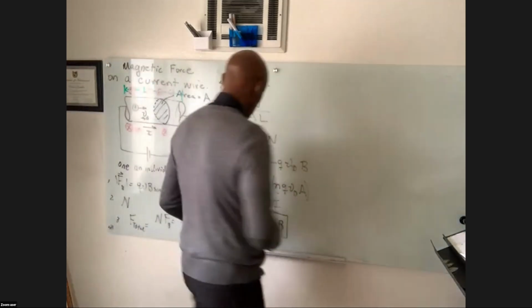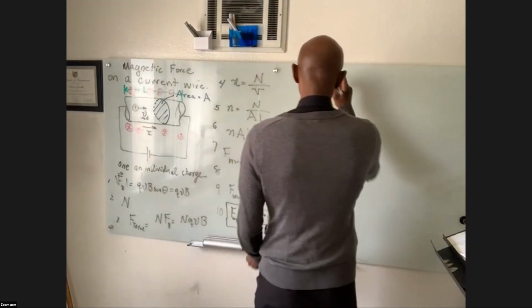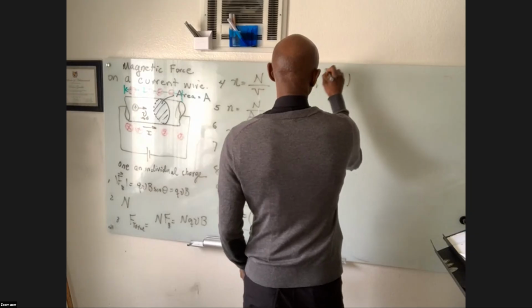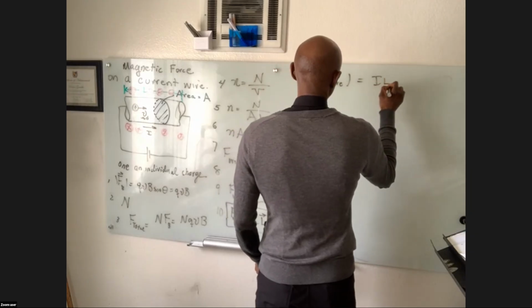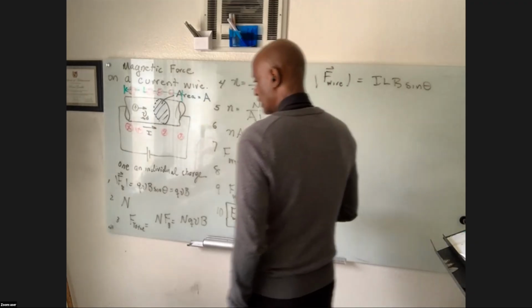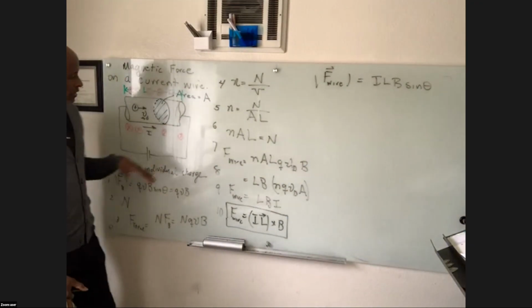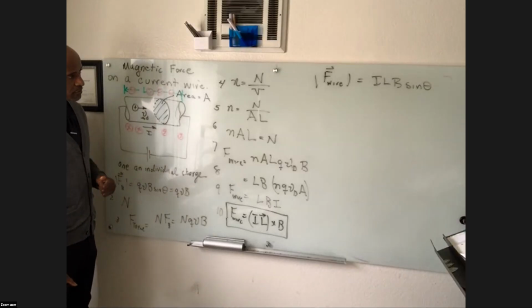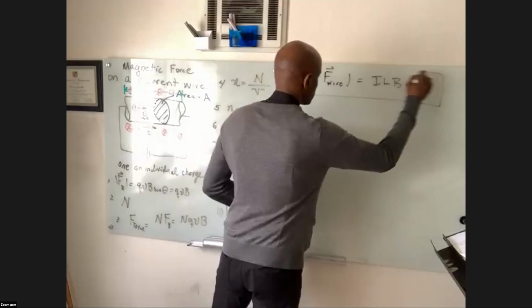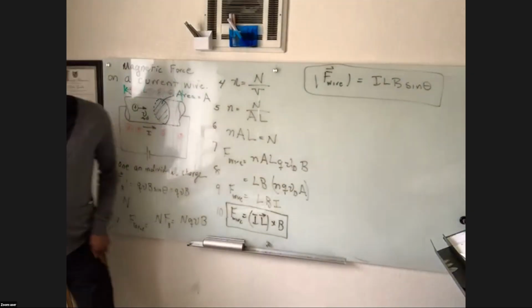So the current carrying wire will have a force ILB, and the magnitude of that force will be ILB times the sine of the angle between the direction of the length of the wire in the direction of current and the direction of the magnetic field. Okay, so that's it.